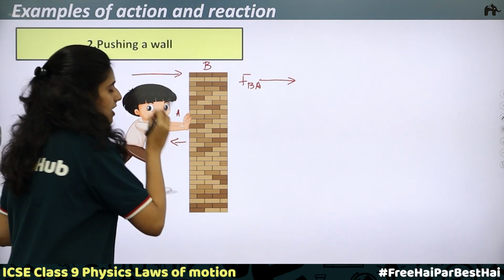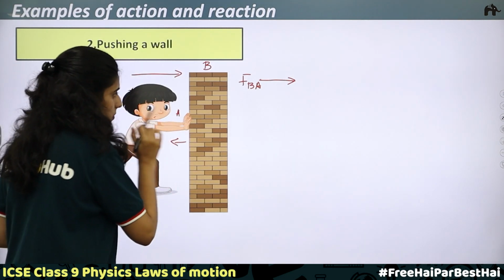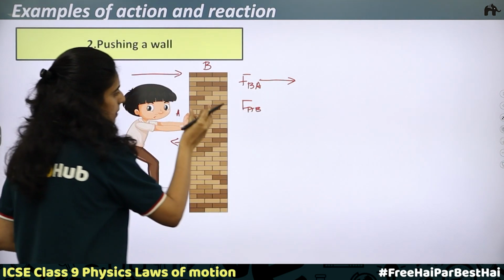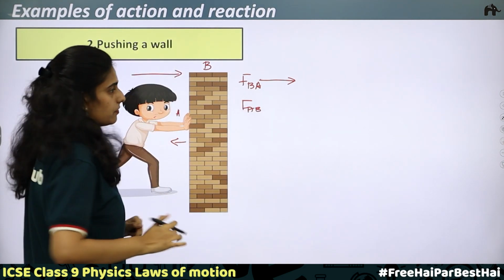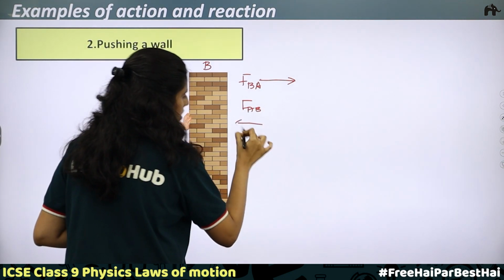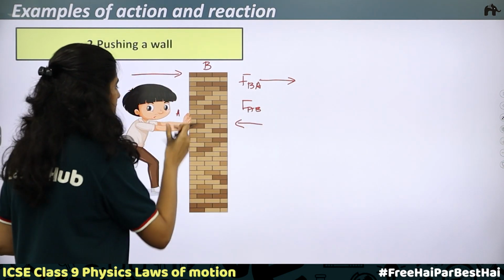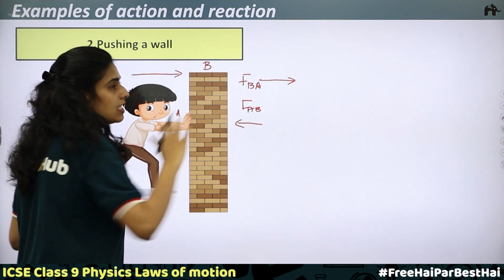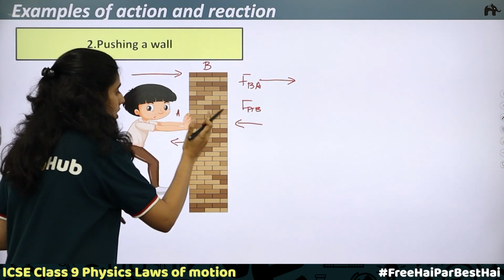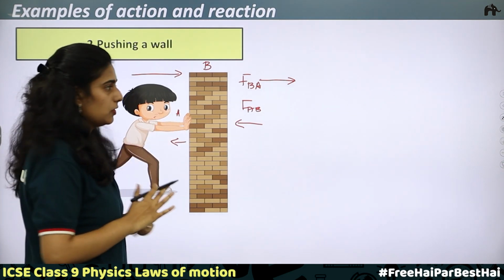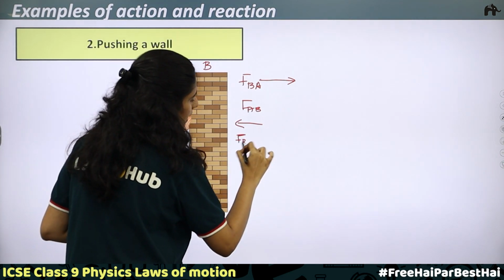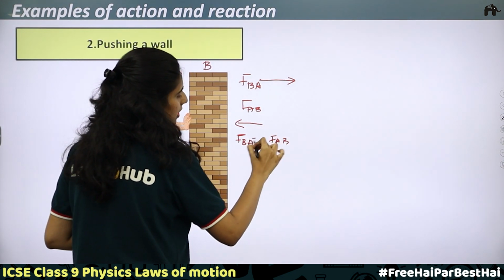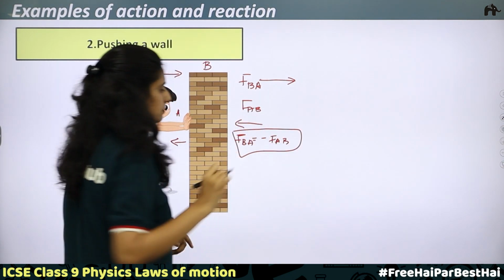This force that the wall applies in the opposite direction is FAB, the force applied by object B on object A. So here this boy will be feeling a force. This force is the reaction force that the wall is applying on his palm. So FBA and FAB will be of equal magnitude but in opposite direction.